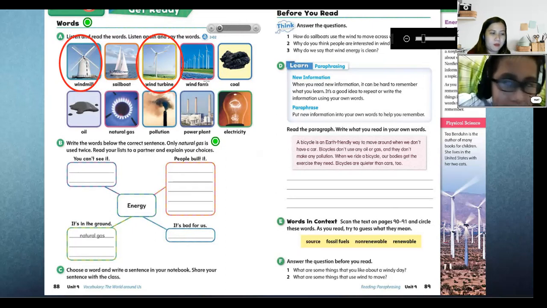We can go into the windmill, but we cannot go into the wind turbine. That's correct.